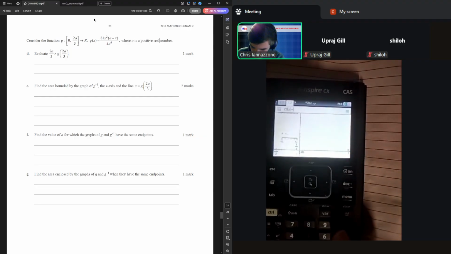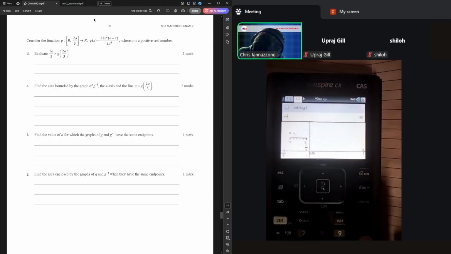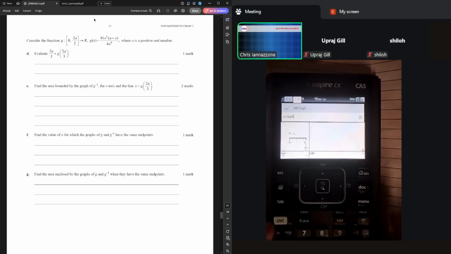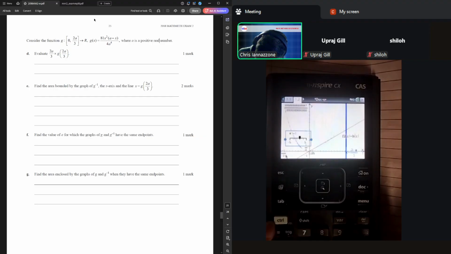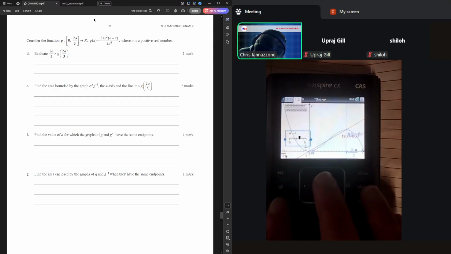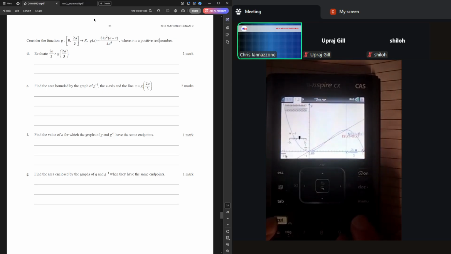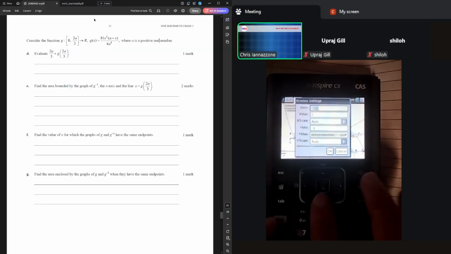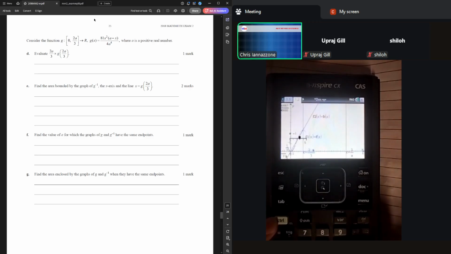You can do that via the relation menu. Then x equals 3 on a, which should be all the way out at x equals 3 if I'm calculating that right.